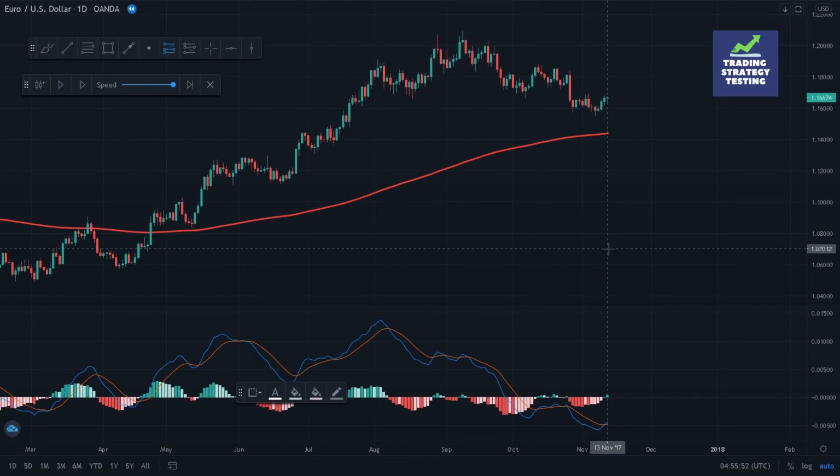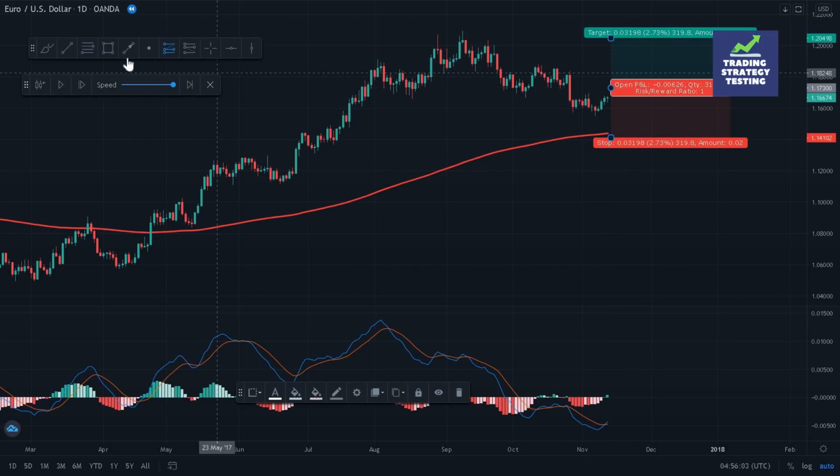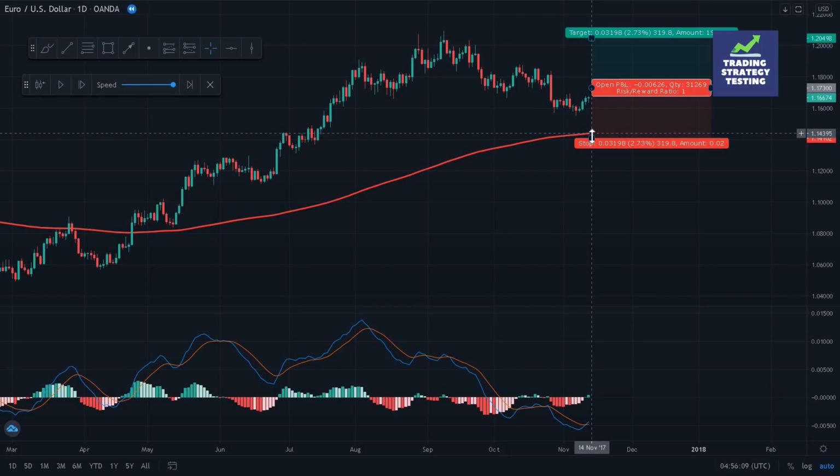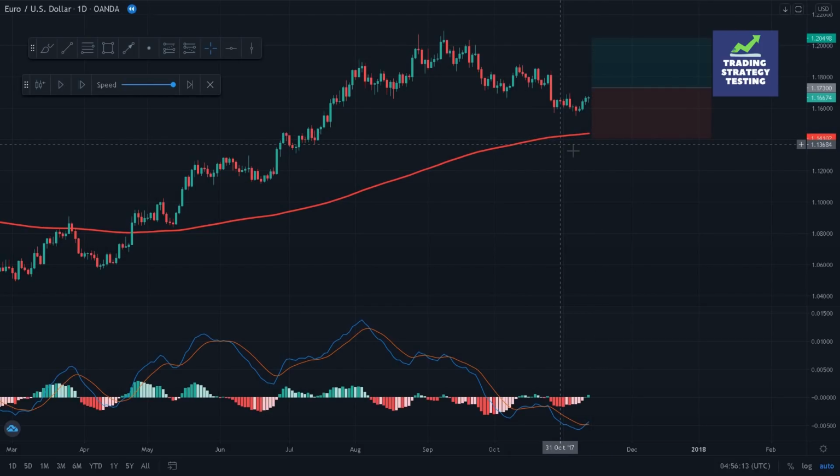Alright, I'll use the replay mode on TradingView to simulate the market. And the order will be placed a few pips above the current price. We can use the 200 EMA as a barrier to protect our stop loss. The 200 EMA is considered a major key level that price often struggles to break unless the momentum is relatively strong.